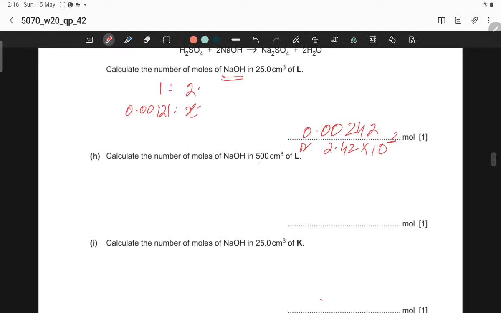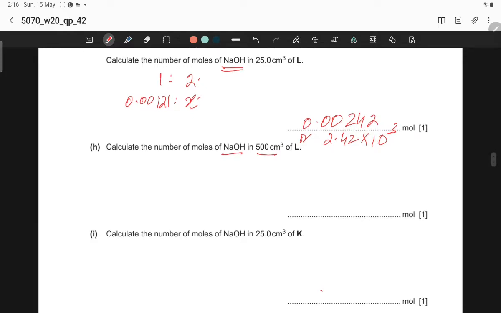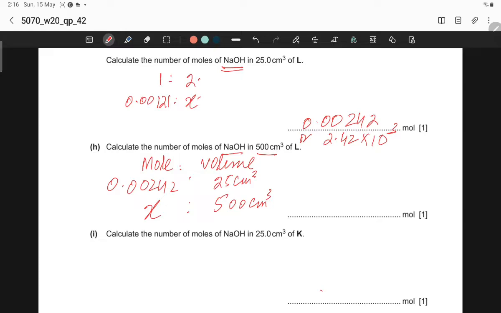Calculate the number of moles of sodium hydroxide in 500 centimeter cube of K. By using the mole ratio and volume, 25 centimeter cube contains 0.00242 moles. So what would be the moles in 500 centimeter cube, the volume ratio X?